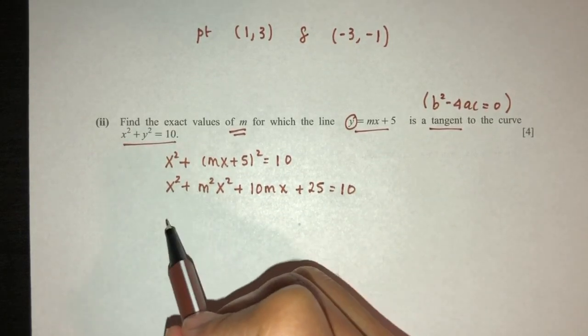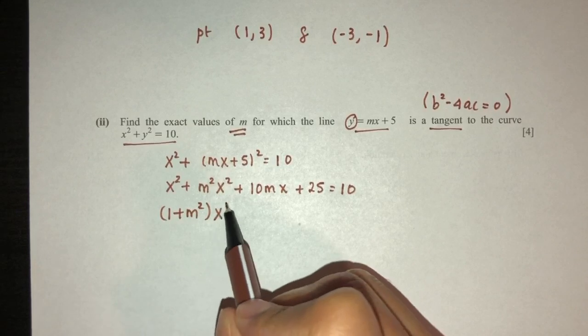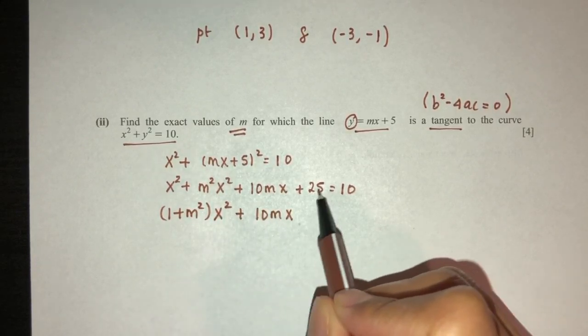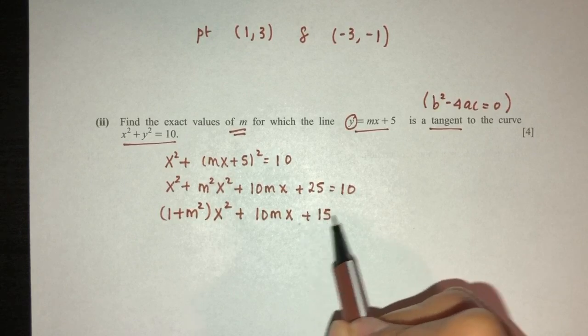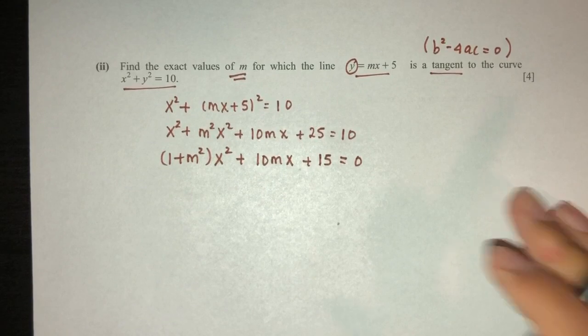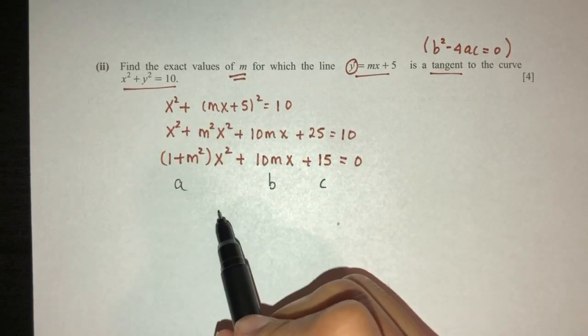Now simplify, this 2 will become 1 plus m squared, x squared will be outside, here you will have 10mx, 25 minus 10, that will be plus 15 equal to 0. Now what is the next step? Here is a, that is b, and that is c.